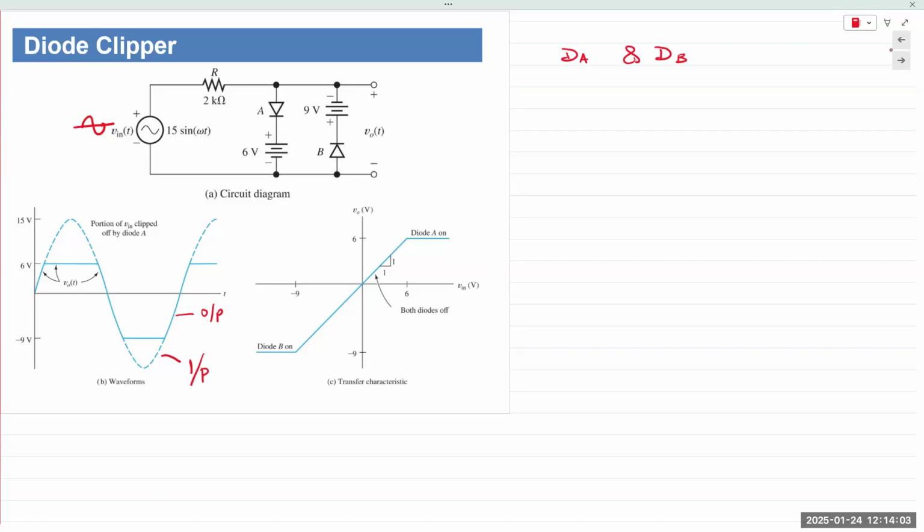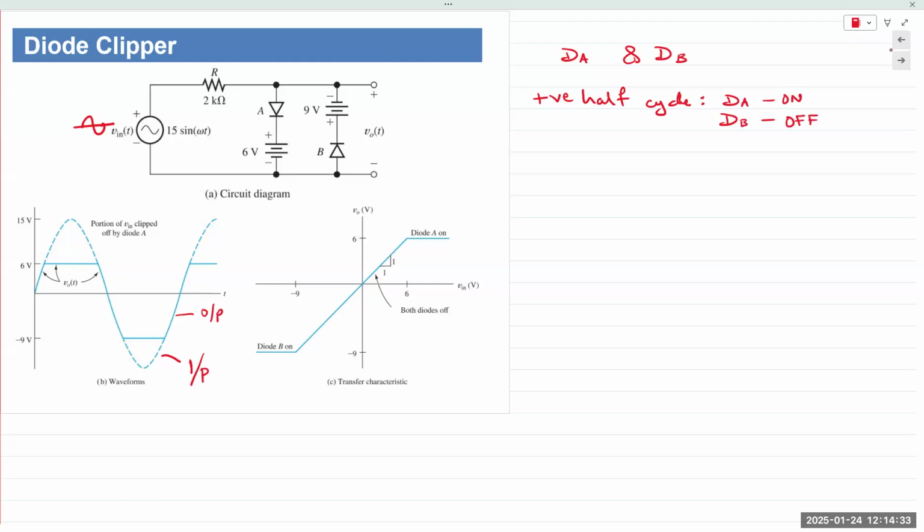In the positive half cycle, diode DA would be forward bias and diode DB would be reverse bias. And so I would say diode DA is on and DB is off.